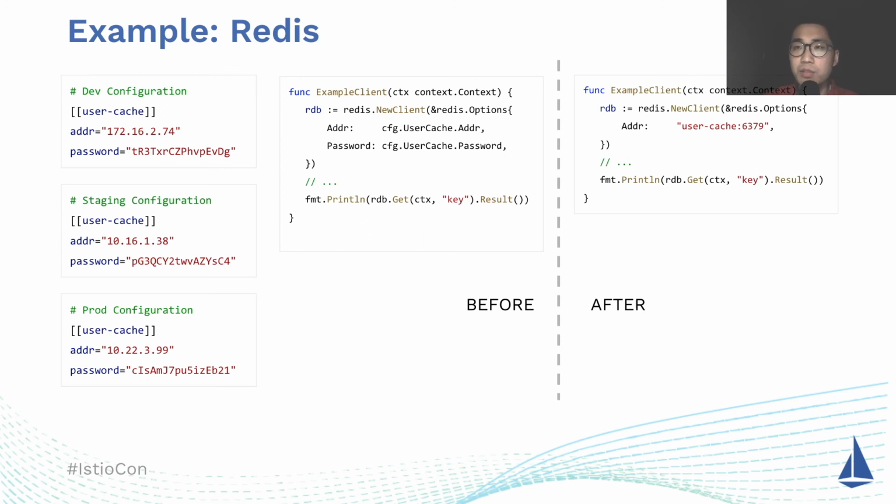But on the right, we don't need configuration, so it reduces the complexity of configuration management. It can be seen that developers don't need to know the Redis password. So maybe it can avoid leaking the Redis password in logs or elsewhere.